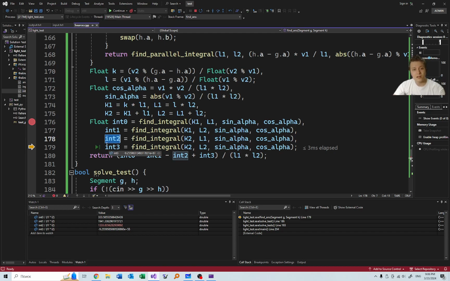So answer, well, it's strange. How is it possible that the answer is nearly correct when k1 and k2 are equal? It is nearly correct.